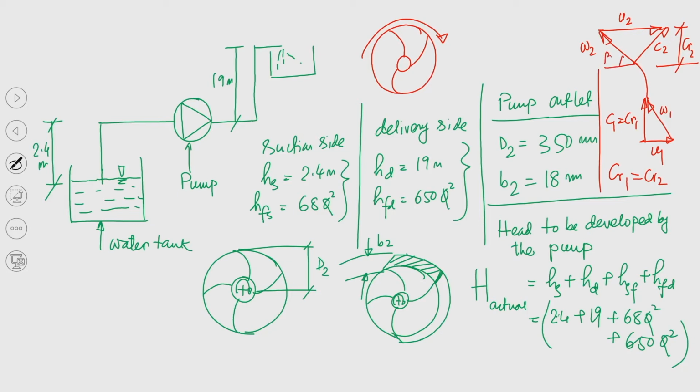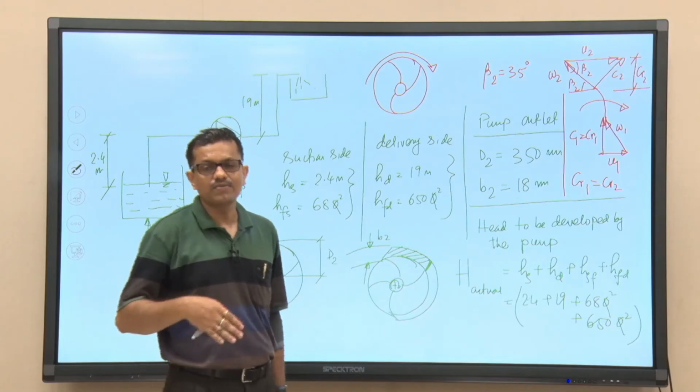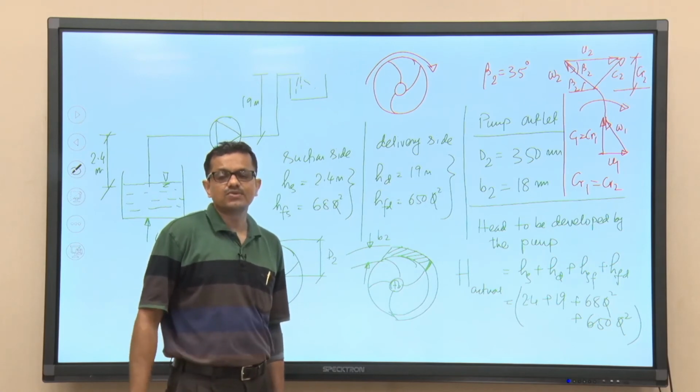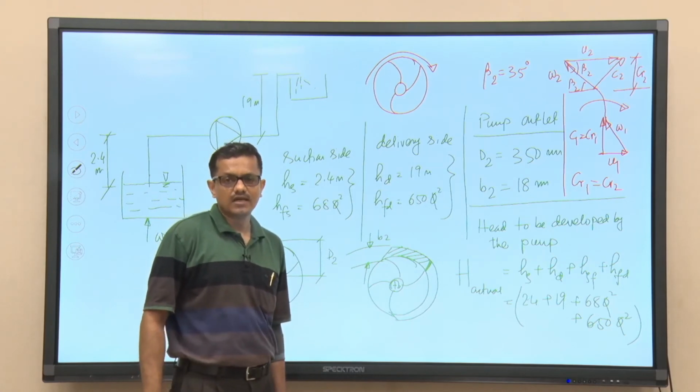So, this is beta 2 and this is also beta 2, and beta 2 equal to 35 degree. That is also given. This is very important to draw the velocity triangles. My suggestion to you all is that when you are trying to solve any problem, the first objective should be to draw the velocity triangles.